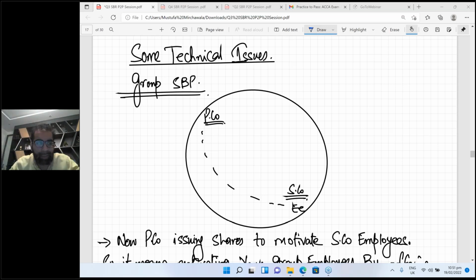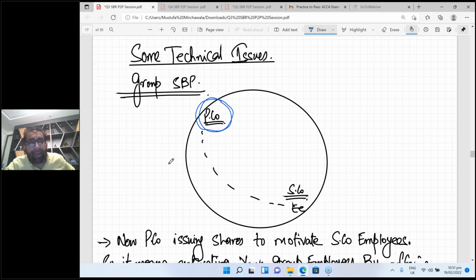I repeat, P company acquired S company 3 years back. So now it's a proper parent subsidiary relation going on since 3 years. Now today, parent company's management entered S company, and they offered S company employees a deal. They said, dear employees, if you stay 3 years with this S company, we will give you this parent company's shares.